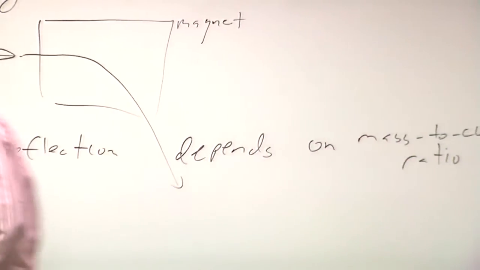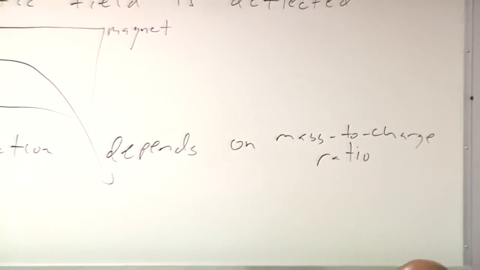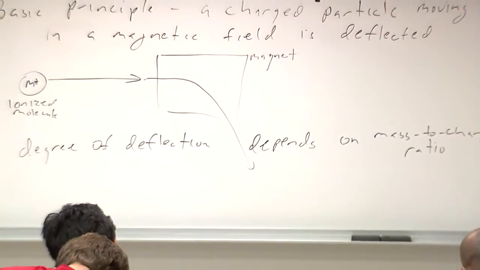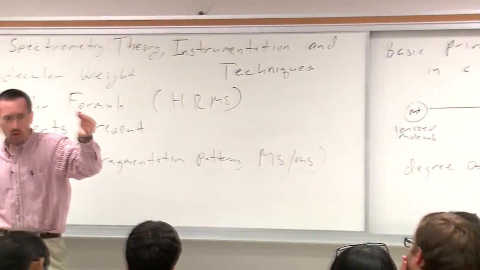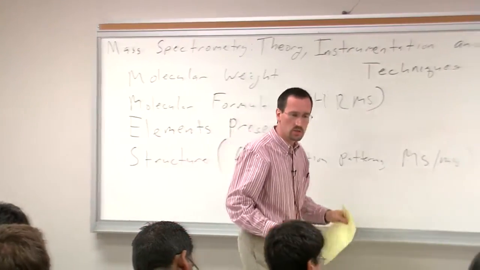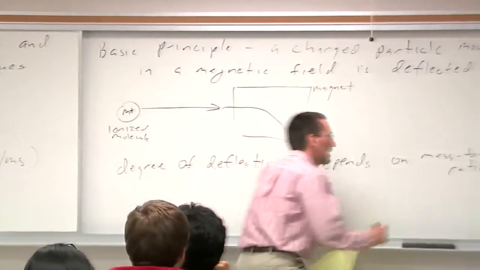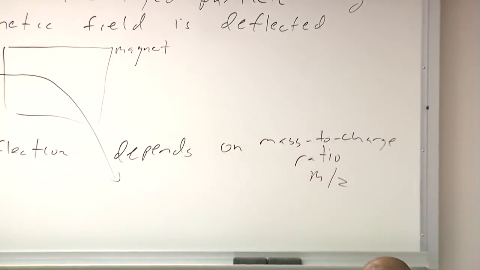In other words, any given particle, whether it has 20 AMU and one charge or 40 AMU and two charges, is going to get deflected the same amount. So it's the mass to charge ratio that you're seeing on the x-axis, not m to z, not mass.